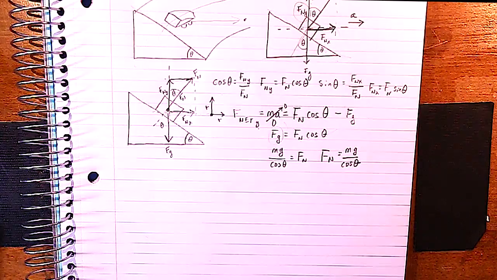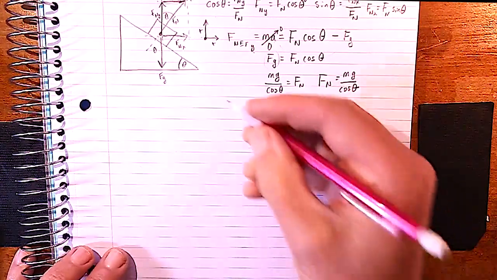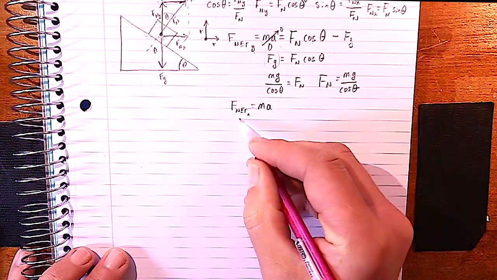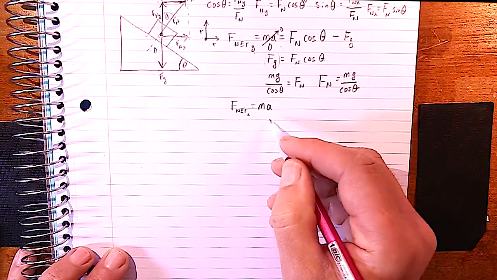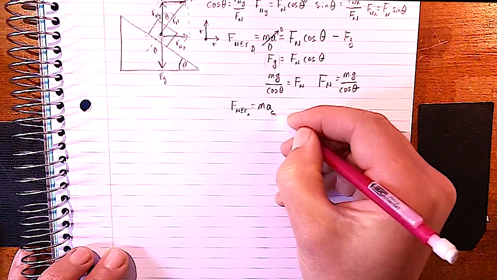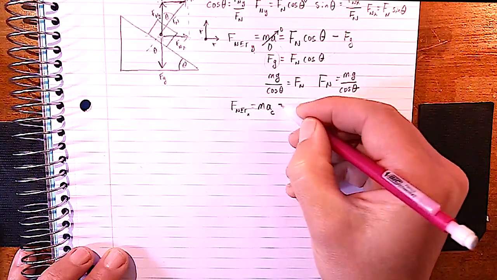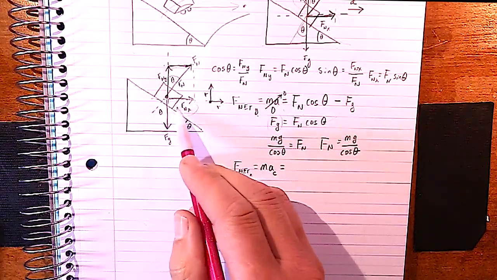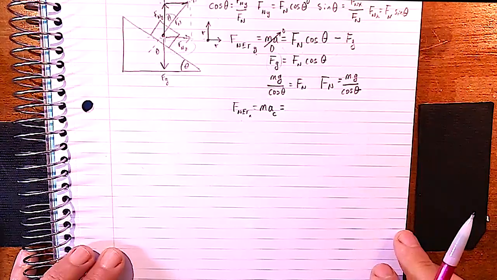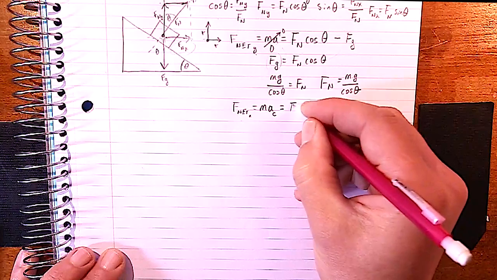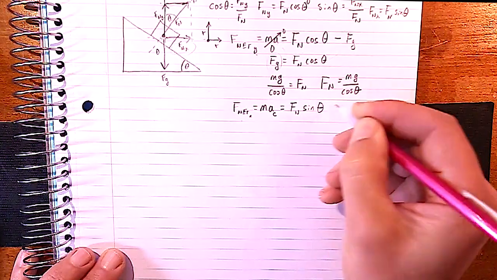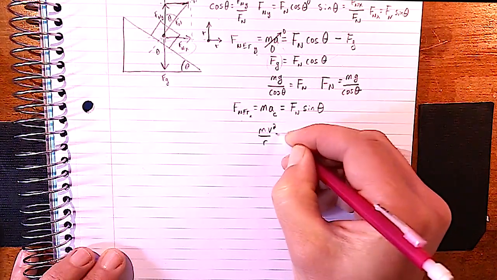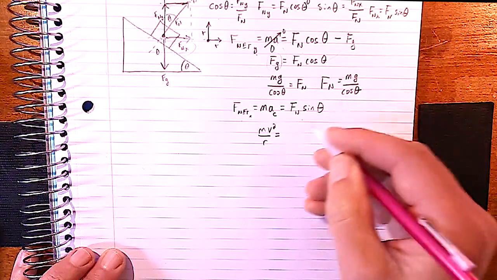So now we can do our F net x. So F net x is going to be equal to ma. But this net force is acting in the plane of acceleration, which is towards the center of the circle. So that's an m a_c. So that's going to be equal to the only force that's acting in the x-plane, which is Fnx. And we know that Fnx is Fn sine theta. We know that a_c is v squared over r, and we know that Fn is mg over cos theta.